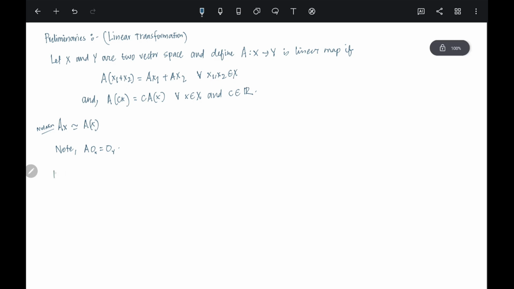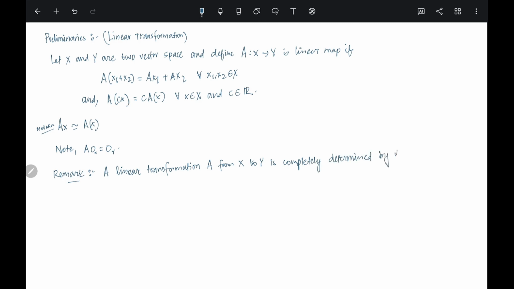So let me put it as a remark. Remark: a linear transformation A from X to Y is completely determined, so you can actually exactly know what it does, by its action on any basis.